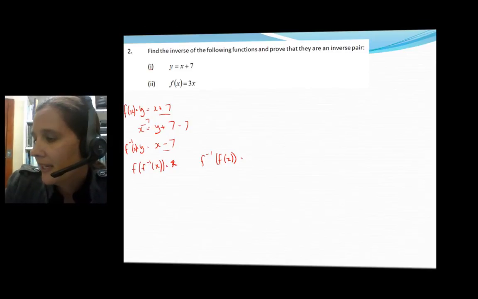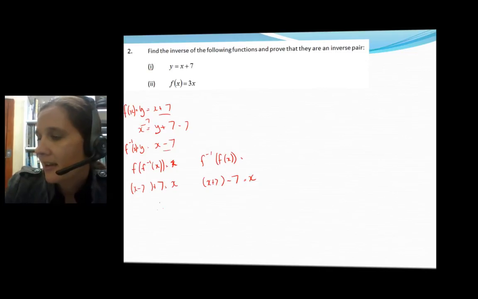So our function of x is x plus 7, and in place of x plus 7 we put x minus 7. Minus 7 plus 7 is equal to x. Our inverse function of x, we have x minus 7, and we have x plus 7 is equal to x. Therefore, these two equations, our inverse function and our function, are an inverse pair.